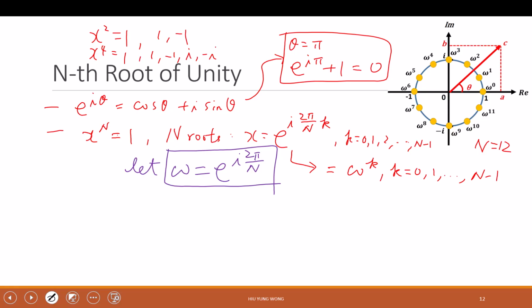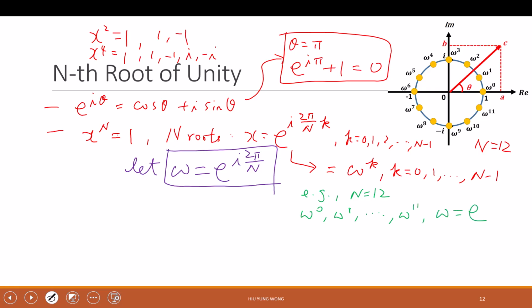Just take it for granted; if you forgot, you can go back to review. For example, n equal to 12, the solutions are omega to the power 0, omega to the power 1, all the way to omega to the power 11.